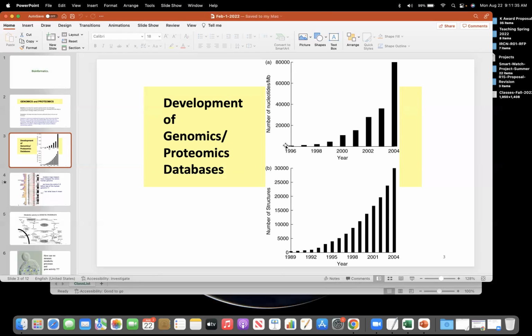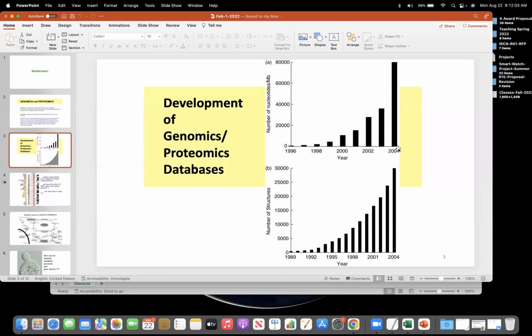And in 1996, you had, say, probably less than 5,000 nucleotides which were sequenced and known for the DNA in 1996. And that number has increased to like 80,000 in 2004, right?